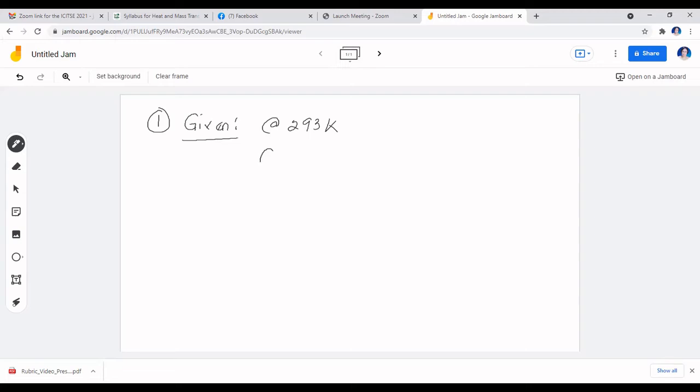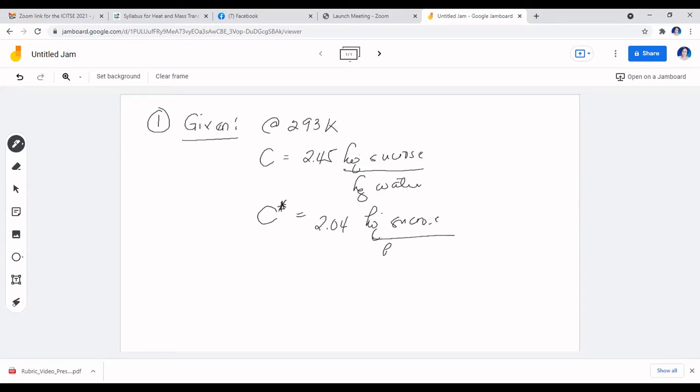So the concentration of the supersaturated solution is 2.45 kilograms sucrose per kilogram of water, which is your solvent. Then it was mentioned that the equilibrium saturation value at the indicated temperature, so that's your C asterisk, is 2.04 kilograms sucrose, still per kilogram water.